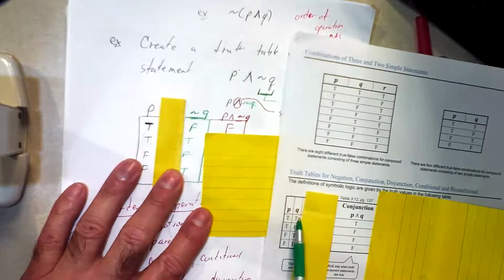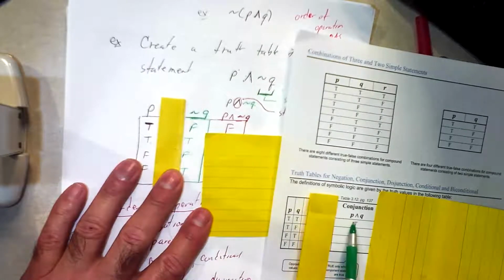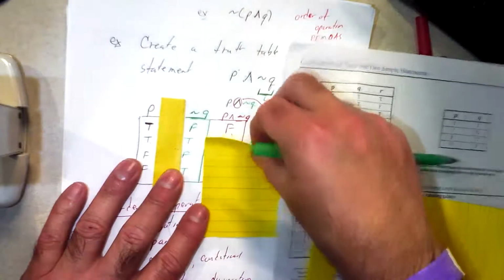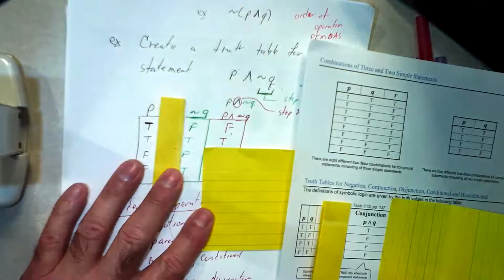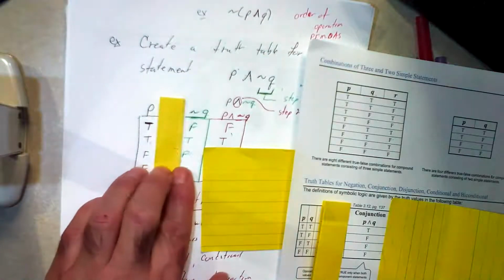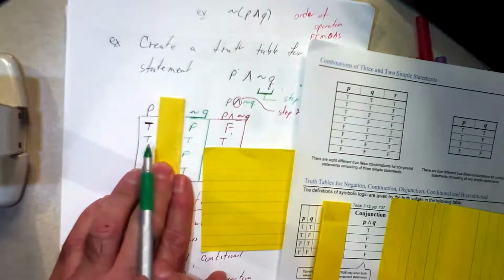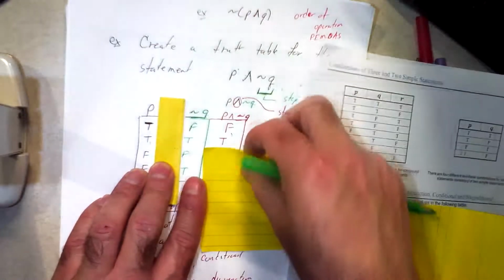There's TT. The answer is T. So I'm going to put T on there. And you keep doing it row by row. FF. Here's my FF. My answer is false. So I'm going to put false on my third result.